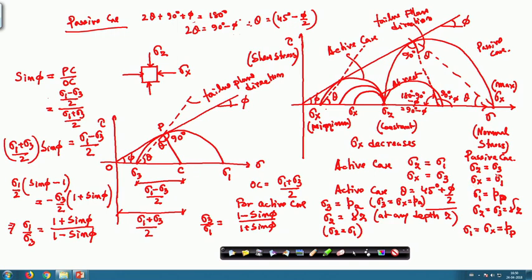So, now we have this expression: sigma 1 divided by sigma 3 is 1 plus sin phi over 1 minus sin phi. So, for the passive case I can write sigma 1 is equal to P P. So, P P is equal to sigma 3, which is nothing but gamma into z, into K P. Okay. So, what is K P?